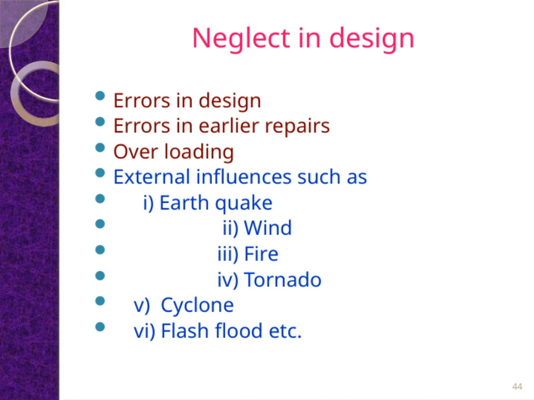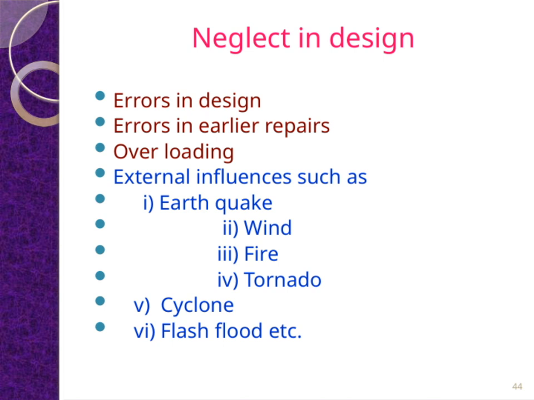External influences play a significant role too. Natural events such as earthquakes, for example, can cause immense stress on buildings. Wind forces, especially during storms, can exert lateral pressure. Fire and tornadoes are also destructive forces that can weaken or destroy structures. Cyclones, flash floods, and other extreme weather conditions further add to these challenges, often pushing structures beyond their limits.